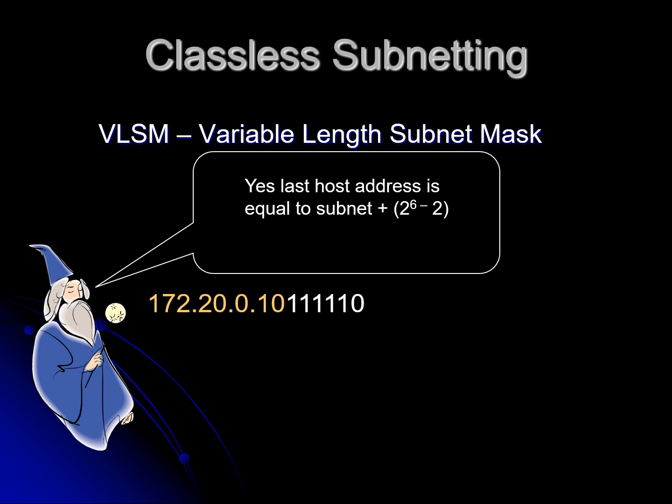So that'll give us our last host address, which will look something like that in binary. That's the subnet 128, and then convert those into decimal. You have 62. So that gives us 172.20.0.190/26. Okay, /26.